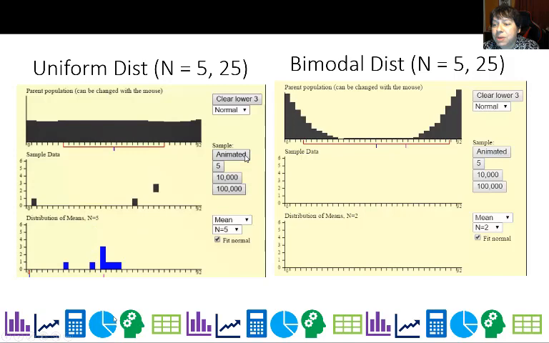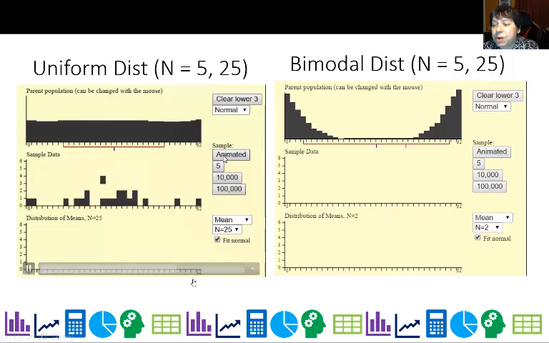And these are sample sizes of 5 and 25. And if I go more and more, I actually have a normal distribution. And when I get even bigger sample sizes, this is 25 here, it's going to be even more normal.